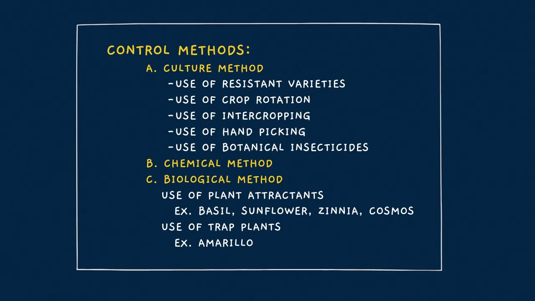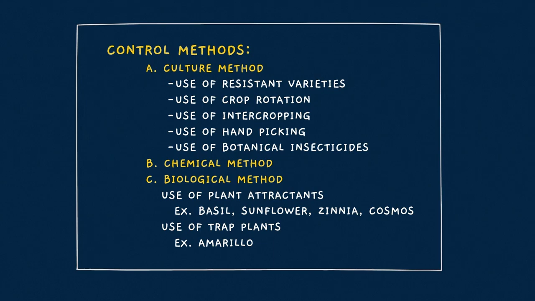Control methods. Letter A. Cultural method: the use of resistant varieties, crop rotation, intercropping, hand picking, and botanical insecticides.